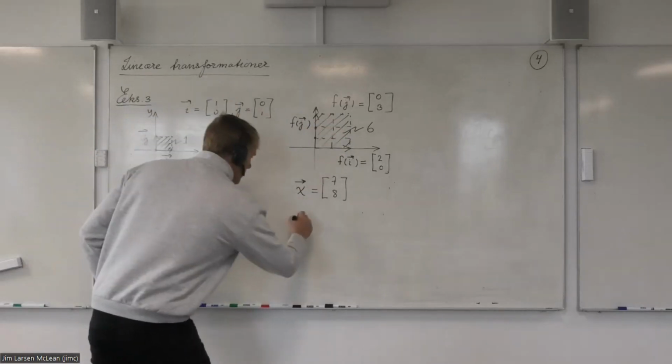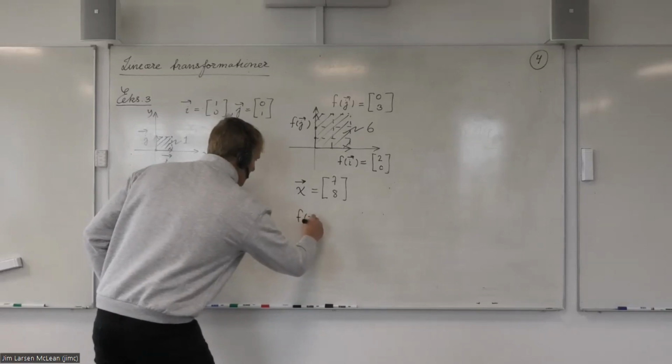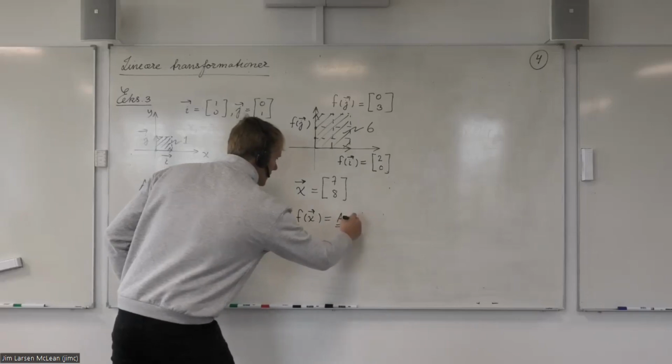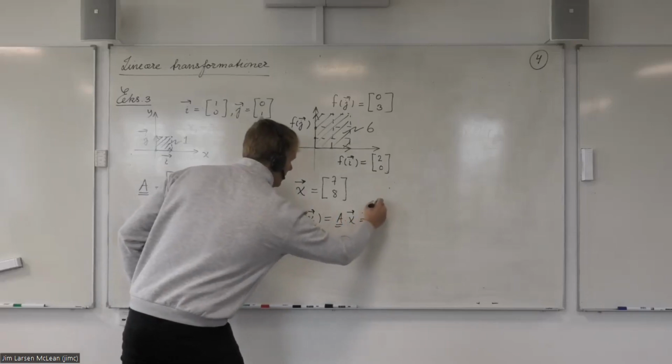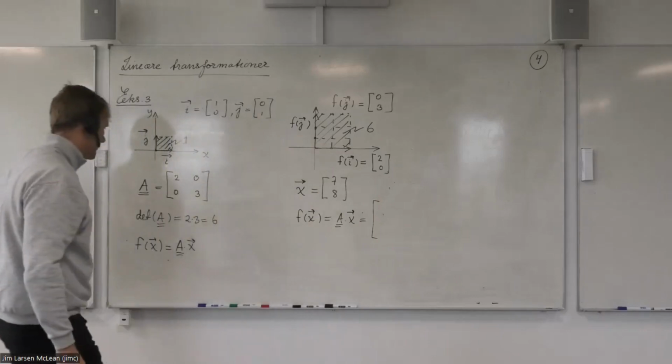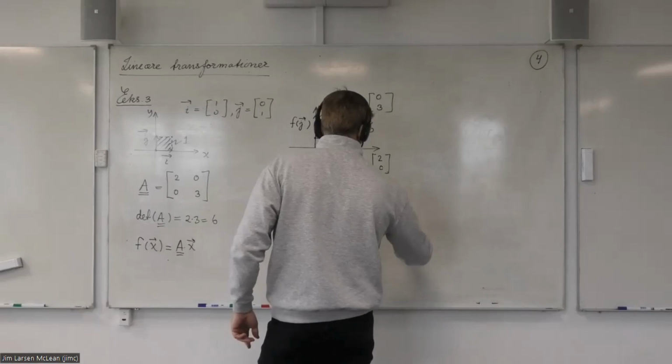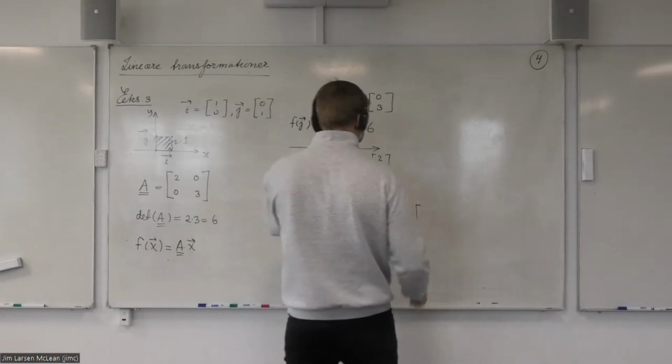What does f of x give? Well, that gives matrix A times x. So it gives the matrix (2, 0, 0, 3) multiplied by this vector (7, 8).